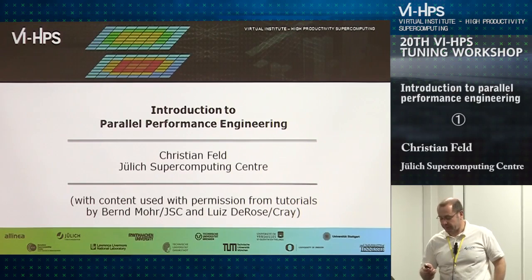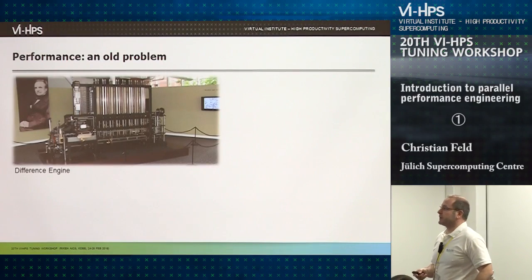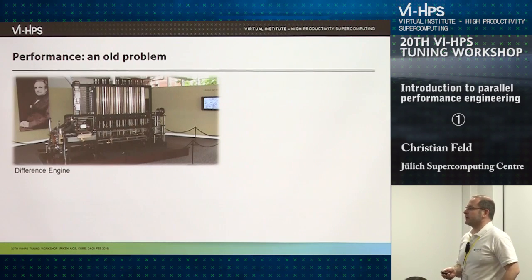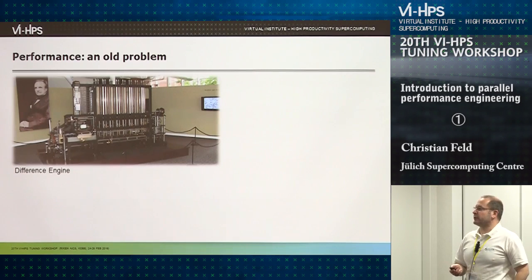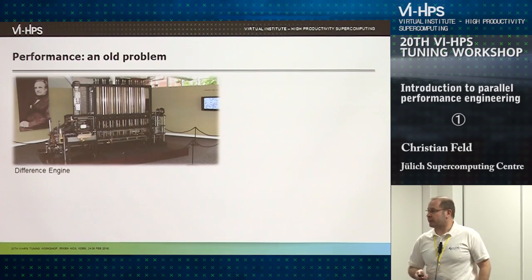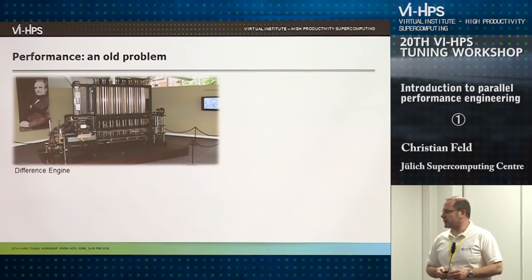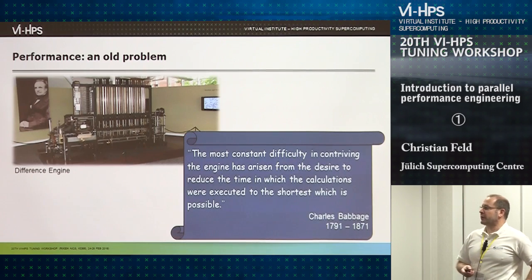To get the terminology right: you might think that performance is a new problem, but that's not true. Some 200 years ago, Charles Babbage tried to build the first computer-like machine, the difference engine. He wanted to use this to approximate some functions with polynomials. And even at that time, he was very concerned about performance.